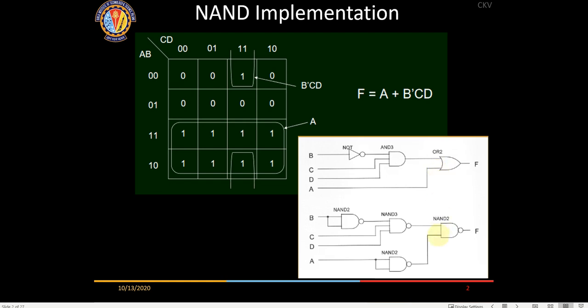So on the input side also we have put a bubble, but this bubble and this bubble will get cancelled, whereas here it is A and there is no corresponding bubble to be cancelled. So here it will have become NAND. To cancel this bubble which has converted this OR into NAND, we have put one more inverter here. So we have used a NAND 2. So this is how we get this circuit.